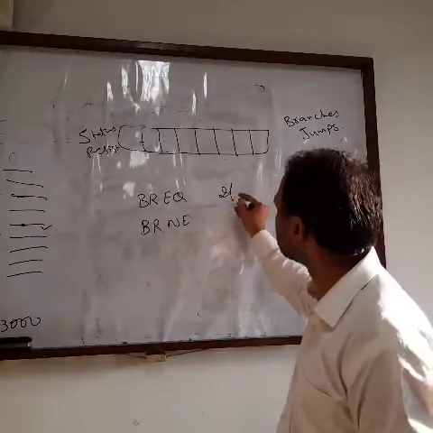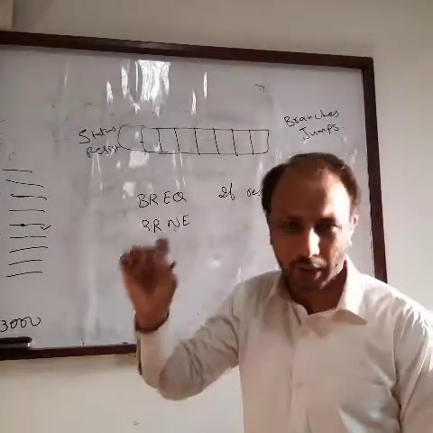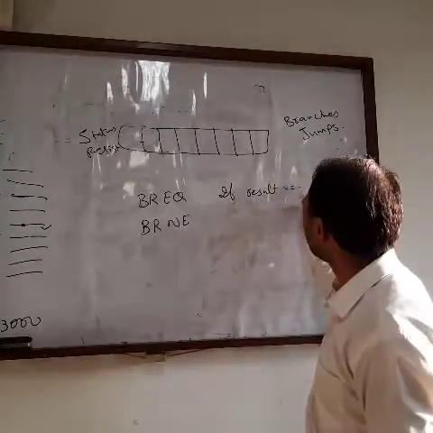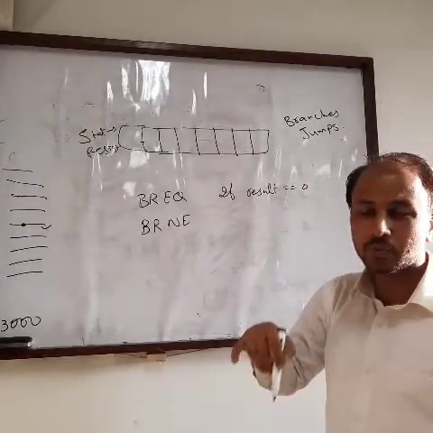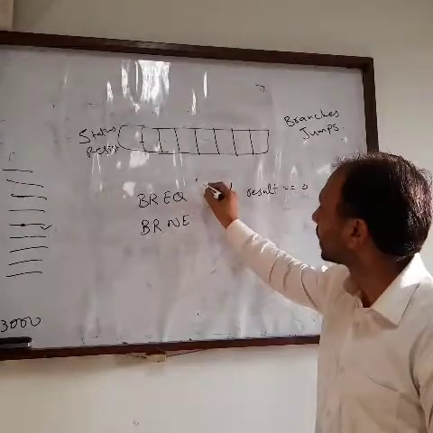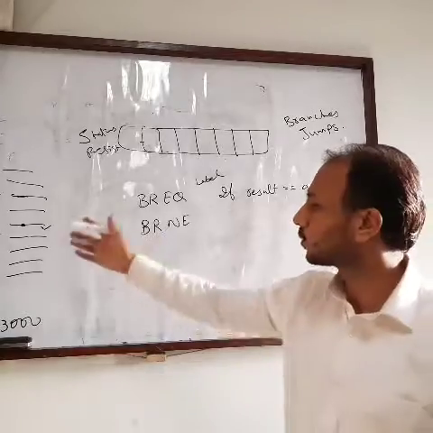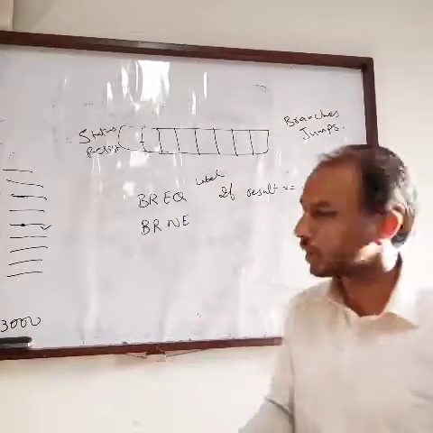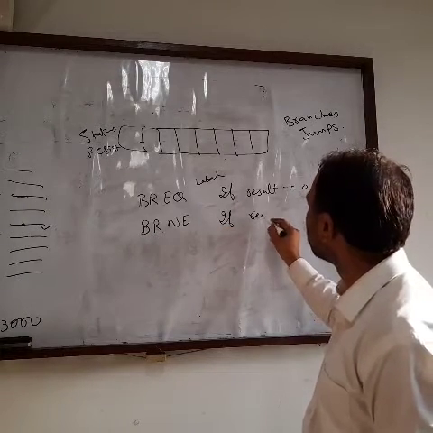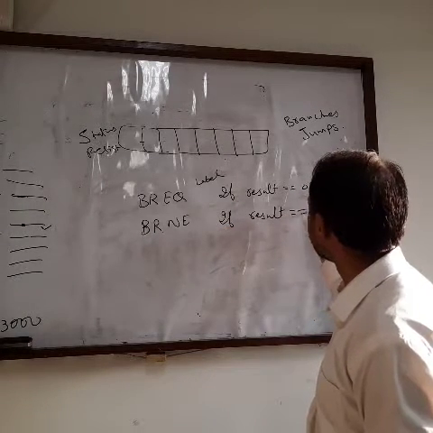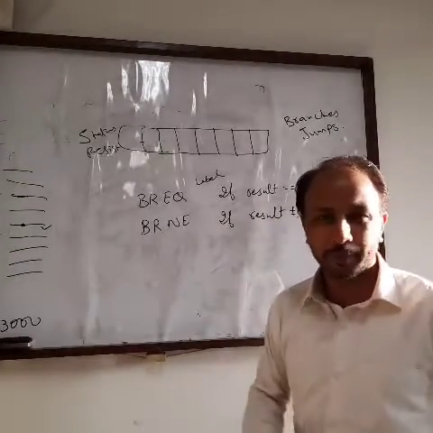If the result of the ALU is equal to 0, then take the jump. Where? Jump to the label, let's say the 6th position, or let's say label 3000, whatever. If the result is not equal to 0, then take the jump.